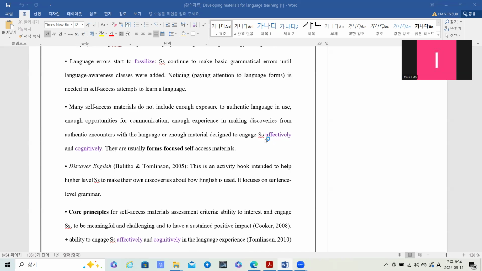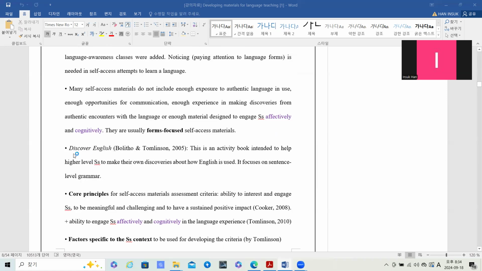I mean, not that difficult activities, not using too many activities that require too much cognitive engagement, but instead some activities that trigger students' motivation and interest and their desire to learn a new language, which means activation of the affective engagement of the learners.